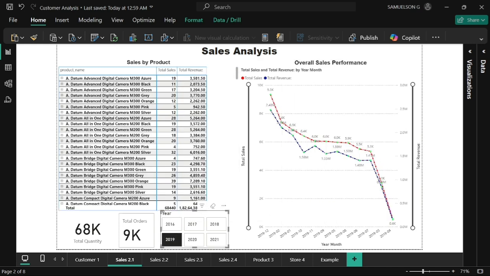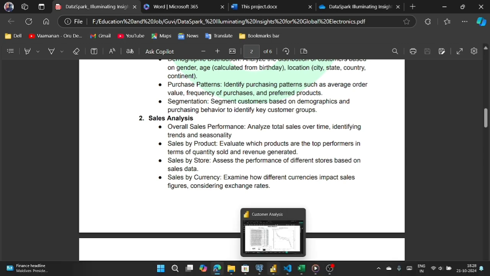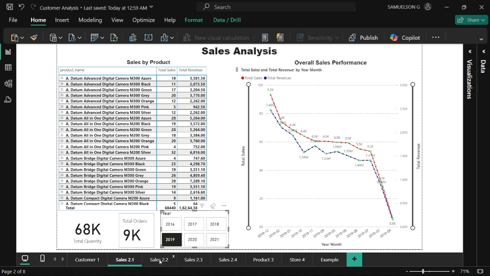Let's see what we're going to see next. Let's see sales by store next. Assess the performance of different stores based on sales data.